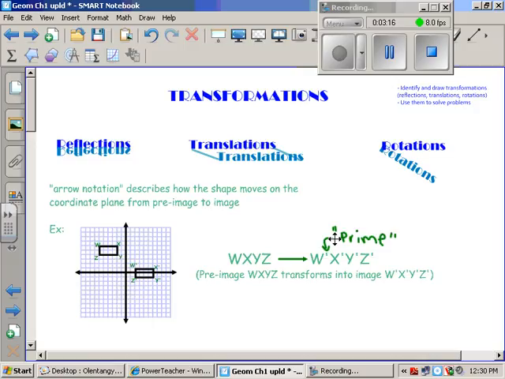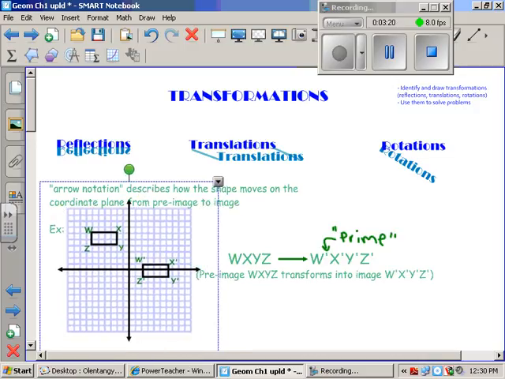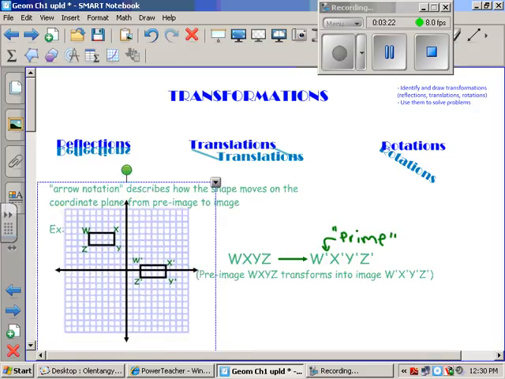All right. So if you look at this, let me make it maybe a little bigger so people in the back can see. If you're looking at this, did this shape move right and down or left and up? How many people say right and down? How many people say left and up? Okay.